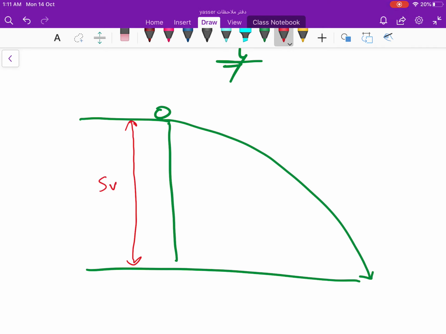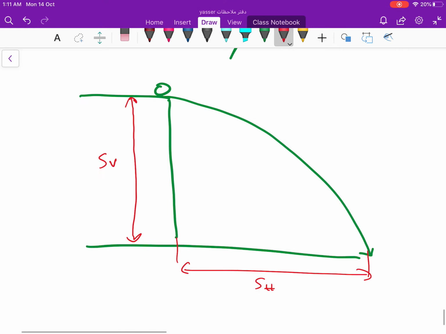So we have SV, and the horizontal displacement, which is SH. The horizontal velocity will stay constant, as we said. So if we have ux here, and here we have vx, ux is equal to vx. The horizontal velocity stayed the same all the time.